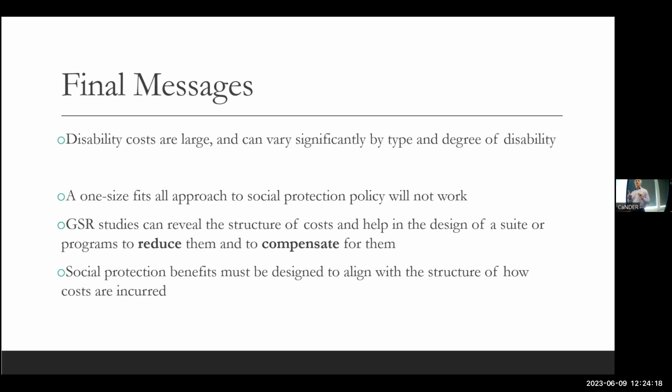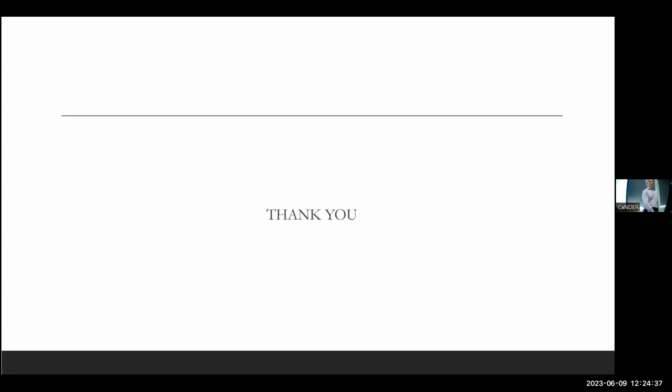Like I said, it's also about reducing barriers. And social protection benefits must be designed to align with the structure and how those costs are incurred. And this is one of the big components of what the Center for Inclusive Policy, CIP, is trying to do, I think. Thank you. That's the end. Thank you very much.